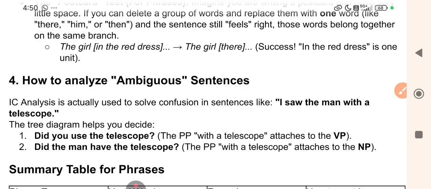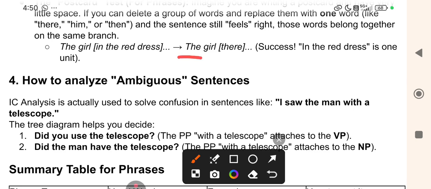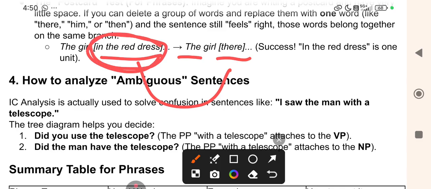For example, the girl in the red dress, right? So here, the girl there, in the red dress there, so that's a success. In the red dress is one unit, right? Here you can use another word, because of the red dress, so the girl, right?